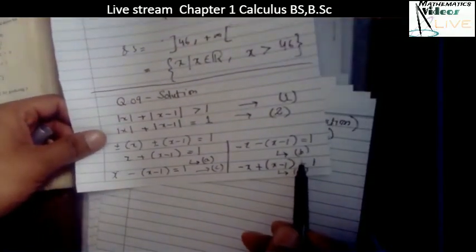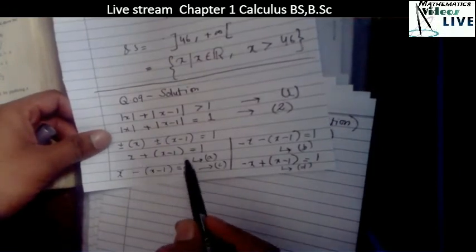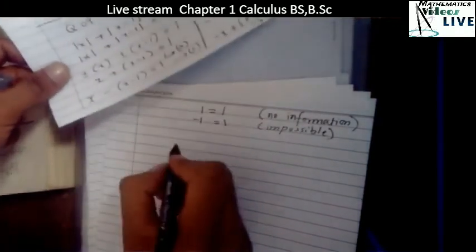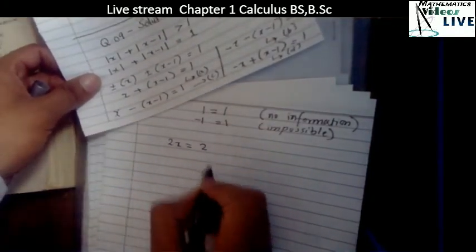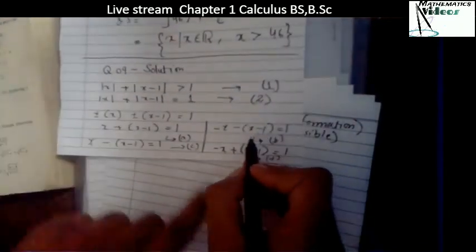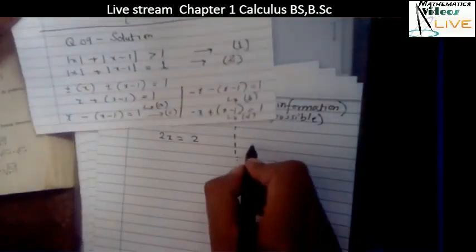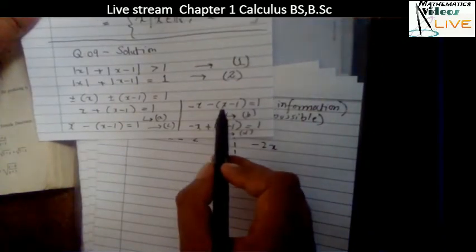Similarly, when you solve equation number D, minus x is cancelled with plus x, and you get minus 1 is equal to 1, which is false, impossible. So this one also gives no information about the boundary points.